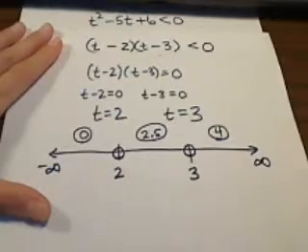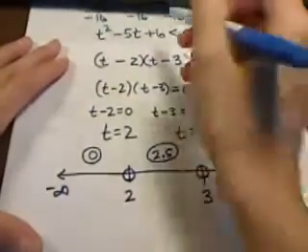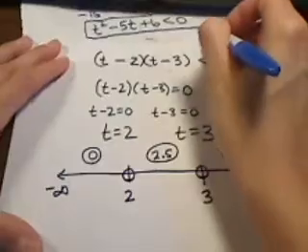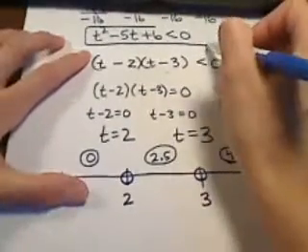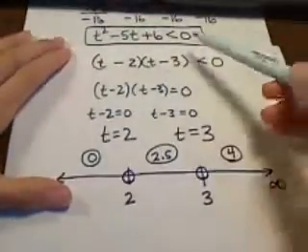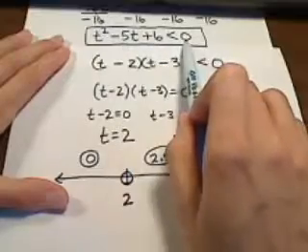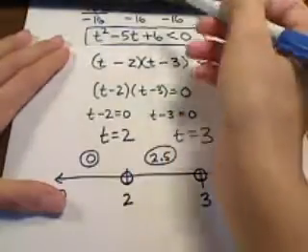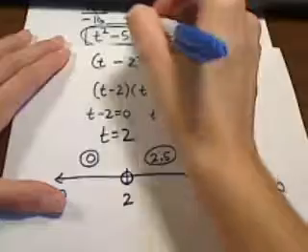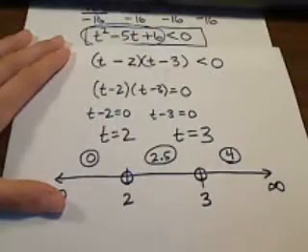Okay? So what I'm doing to test these is plugging them, going back up here, and plugging them into this inequality. Actually, I'm just plugging it into this piece of the inequality, and I'm seeing what sign I get.